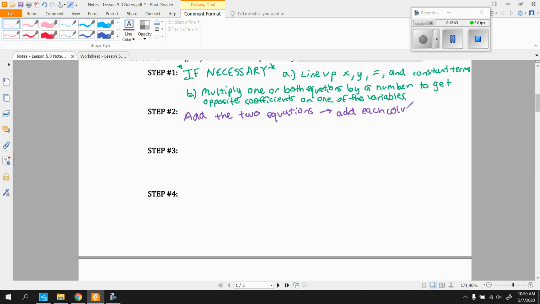Whoops. Add each column. So let's just do that before we add a little bit more here. Add the 2 equations by basically adding each column.